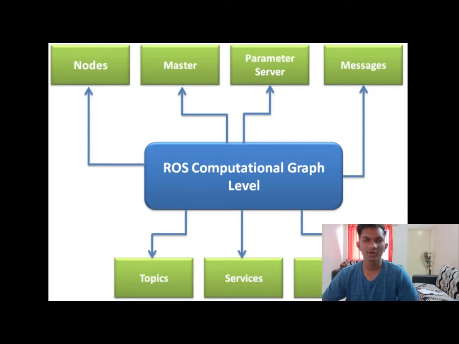Whenever you are initializing your ROS project, the first thing ROS initializes is the ROS master, and this ROS master has the registration of all other nodes, all other servers, all other services, all other actions. It has the register book in which all these nodes register, and then the nodes come to know about each other, and then they start communication between each other.